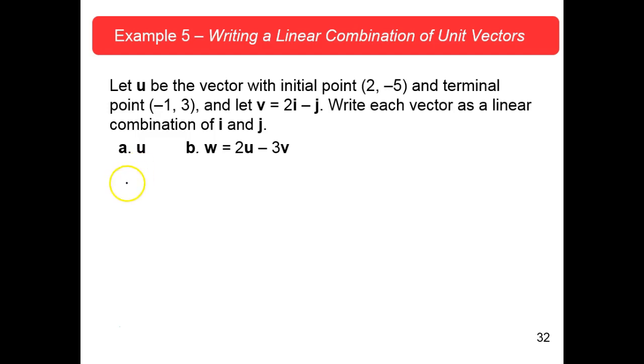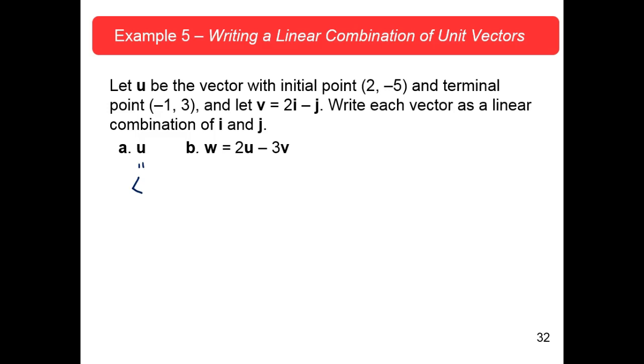So let's first write part a, which is u, as a linear combination of i and j. Anyone want to tell me what the components for vector u are? How do we do components of that? If you're given the initial point and the terminal point, how do you get the components?